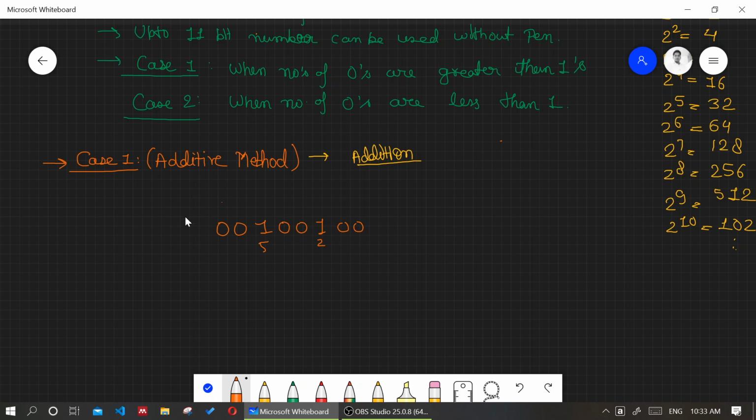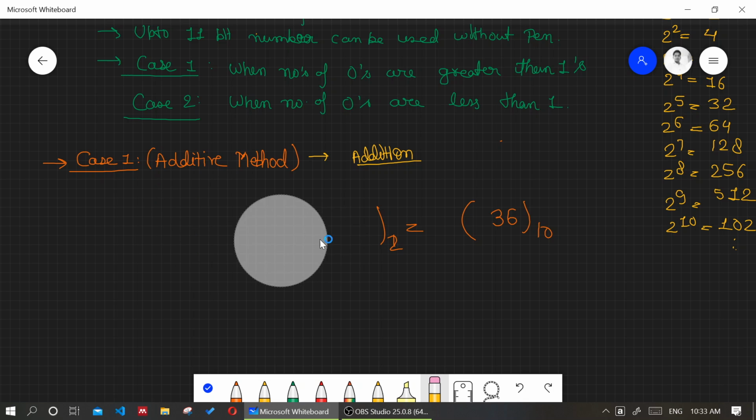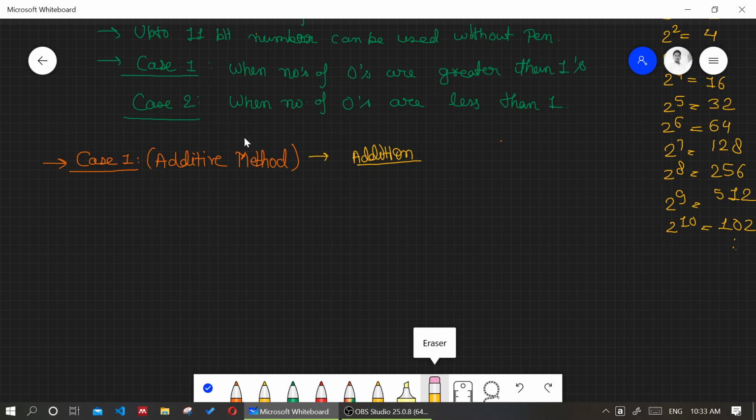So you can simply say that the number in decimal will be 32 plus 4, that is 36. In this example, you have seen that I have reduced the writing. So you can use this method to do binary to decimal conversion in a faster way.